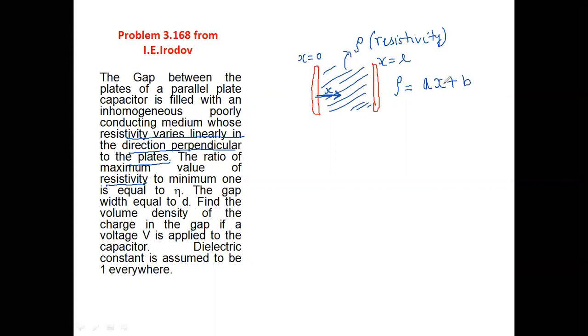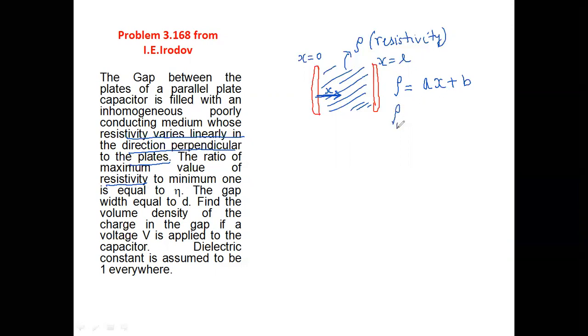Now a and b we can obtain. Let's say that minimum resistivity will be at x equals 0 and the maximum resistivity will be at x equals L, because they are saying that the ratio of the maximum value of resistivity to the minimum value is eta.